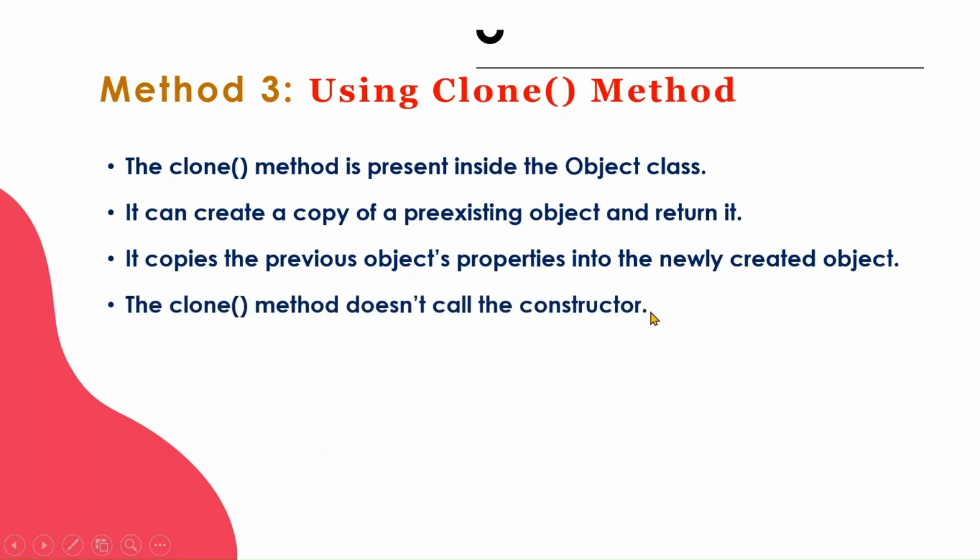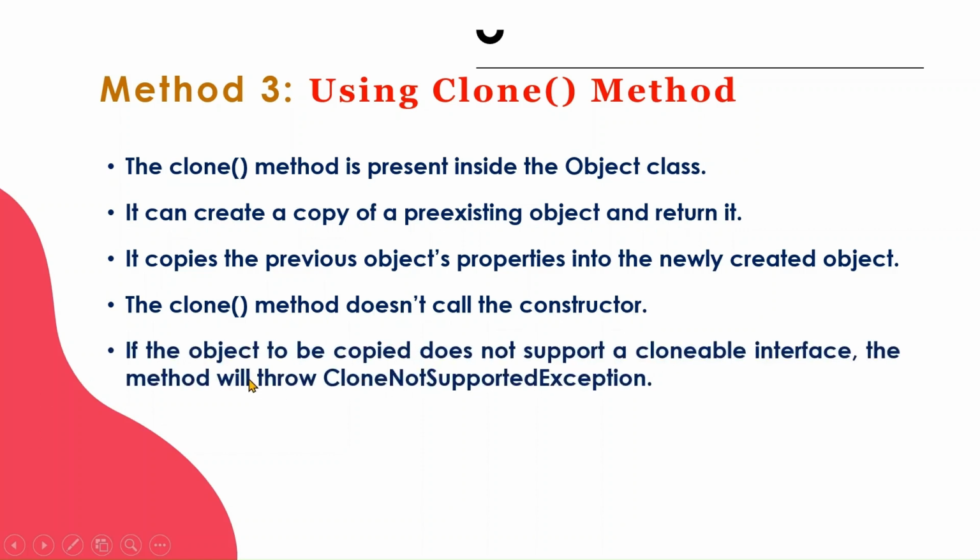Now the clone method does not call the constructor. If the object to be copied does not support the Cloneable interface, the method will throw CloneNotSupportedException. Suppose whenever copying is done, there is one interface called the Cloneable interface.